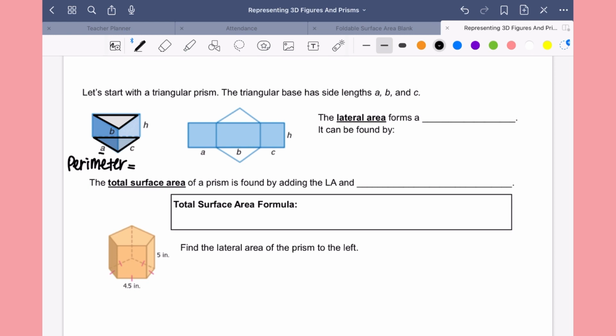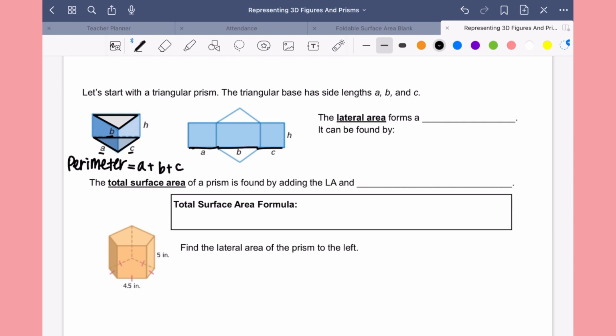Side A, right here, A plus B plus C. And so when you open up that net, we have that perimeter for the triangle in these edges. So those are the edges that created the triangle if I were to fold them up.